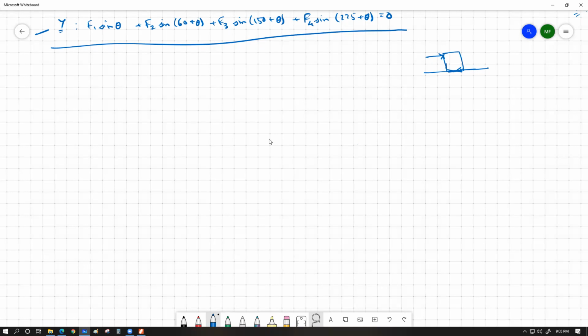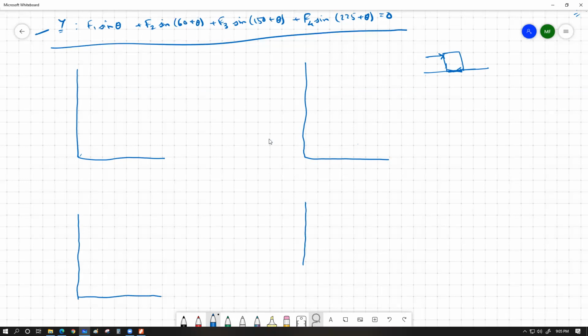Let's say we have, I'm going to draw four different scenarios over here. Let's consider the vertical lines are a wall and the horizontal line is the ground.